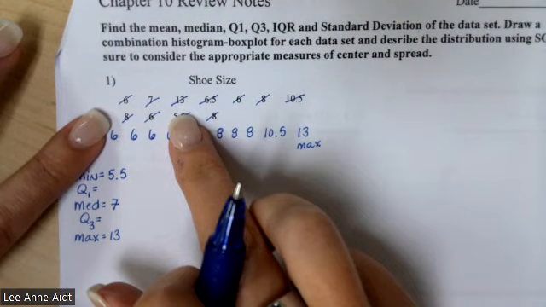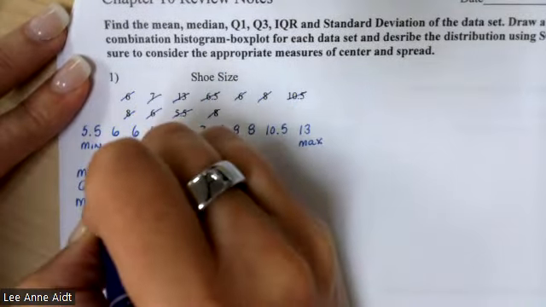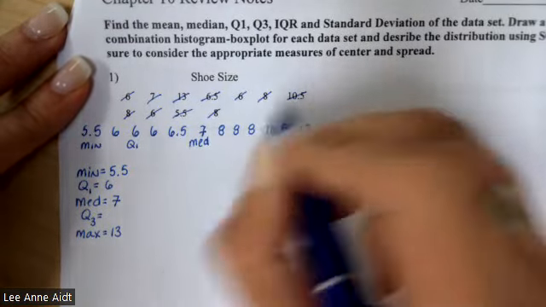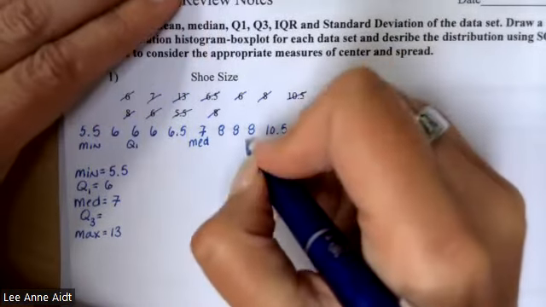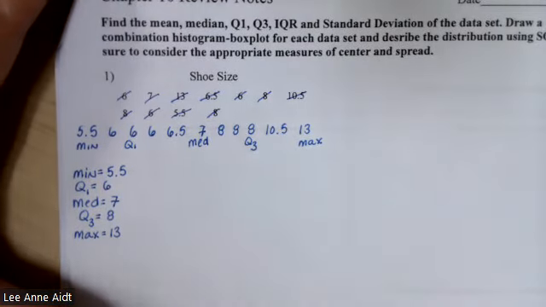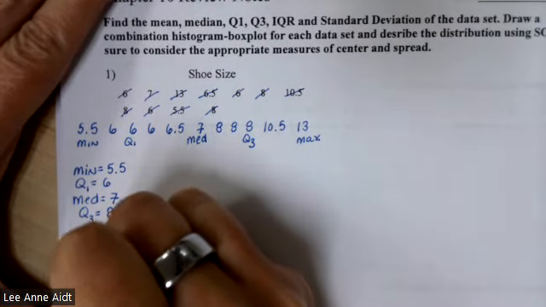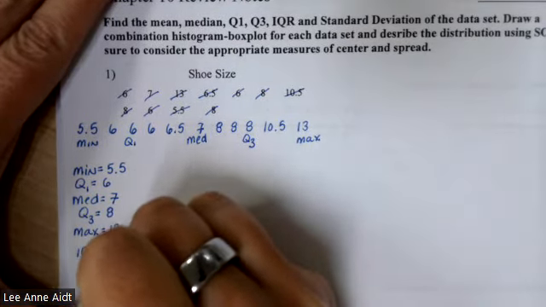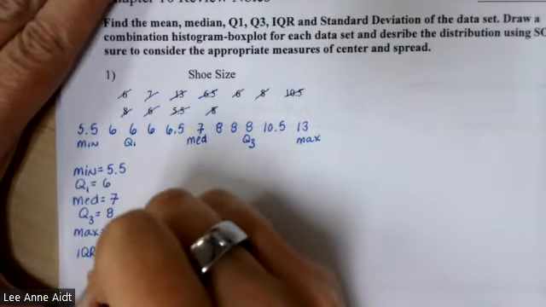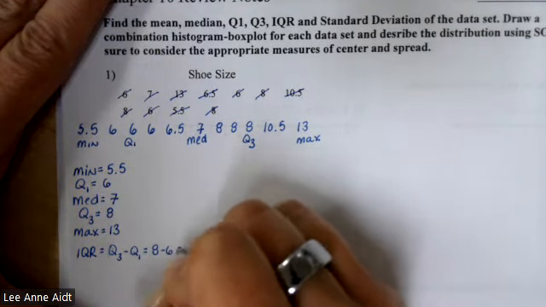Okay, now remember I said ignore the median when you're finding the quartiles. So the middle 6, right? And then the third, yeah, the third 8. IQR is quartile 3 minus quartile 1, 8 minus 6 equals 2.